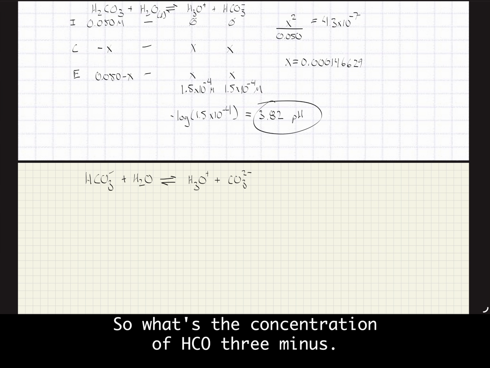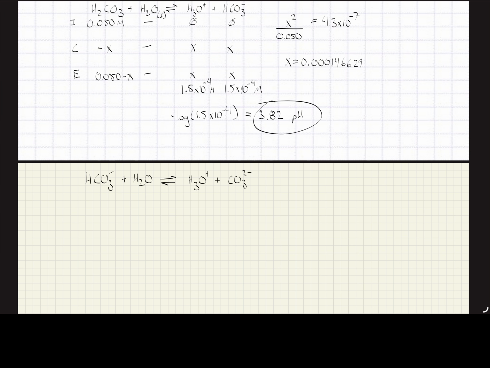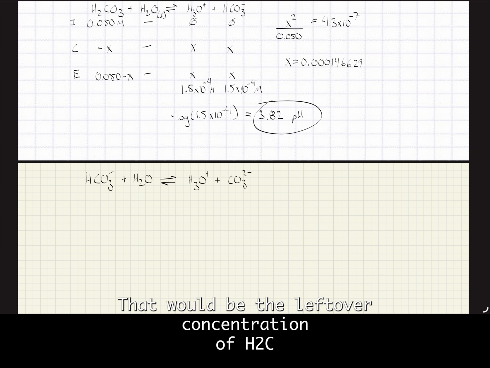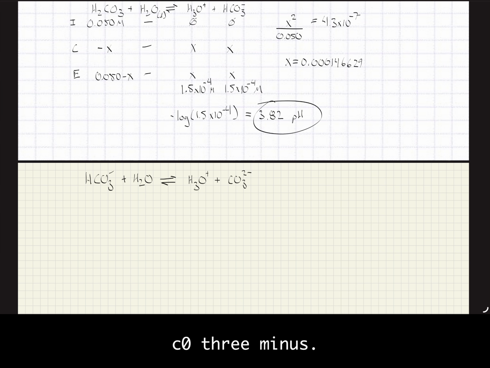So what's the concentration of HCO3 minus? Wait, what did you say? The HCO3 minus. Yeah. Be 0.050 minus the X. Oh, that would be the leftover concentration of H2CO3.